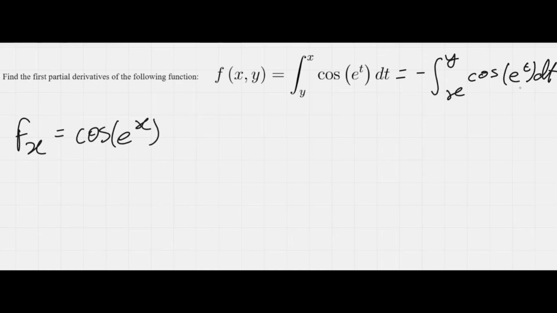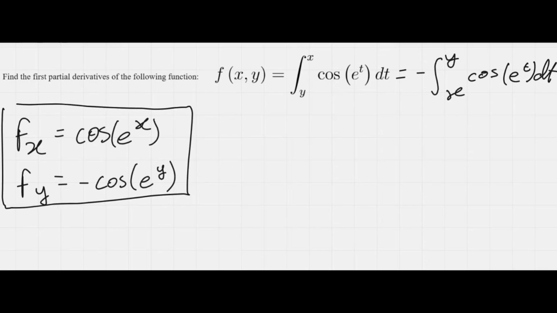Alright, so in that respect, we can actually find the partial derivative with respect to y much more easily, because that's just going to be negative cosine of e to the power of y, using the fact that if we flip the bottom and top parts of the integral around, then we actually have to negate the function first. Using that principle we can find the partial derivative with respect to y, and so thus that is our answer.